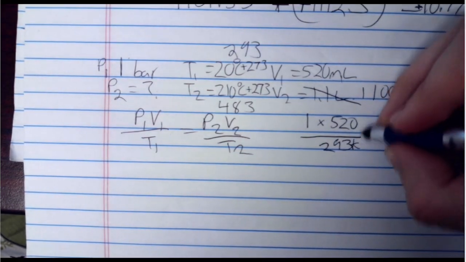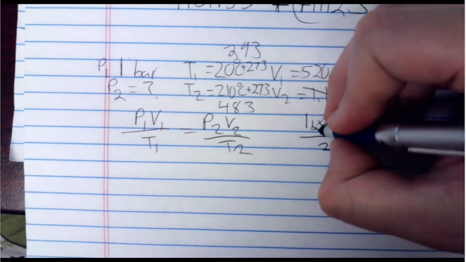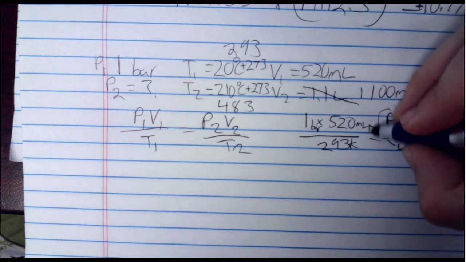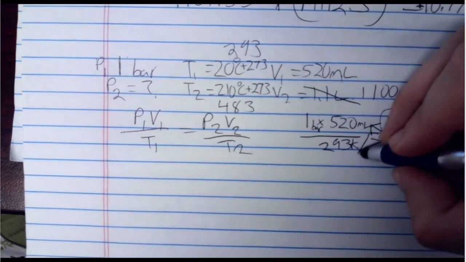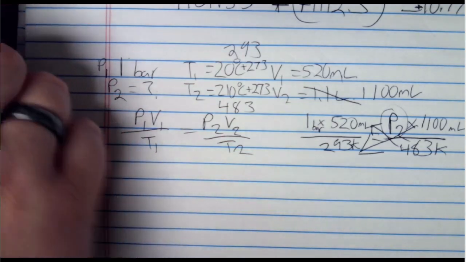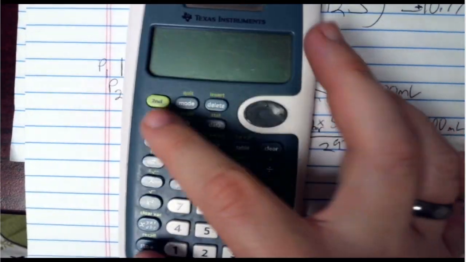Kelvin, Kelvin, milliliters, milliliters, bar. So, to solve for this, I'm going to need to get that to that side and that to this side. I'm solving for P2.